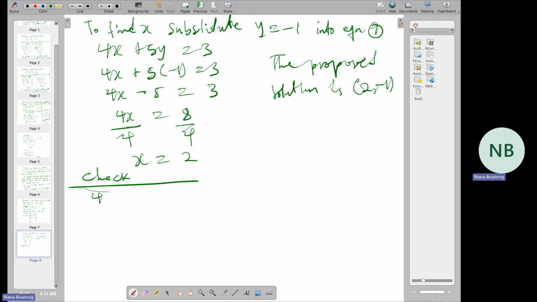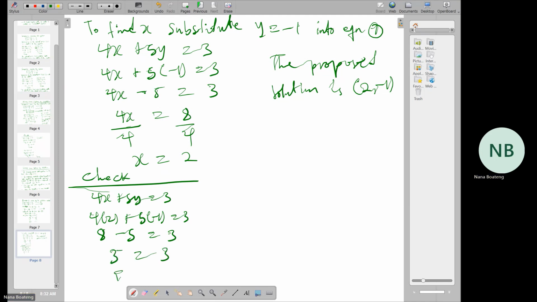The first equation is 4x plus 5y is equal to 3. So when x is 2, we have 4 times 2 plus 5 times negative 1 is equal to 3. So 4 times 2 is 8, and 8 minus 5 is 3. So 3 is equal to 3. It's true for the first equation.